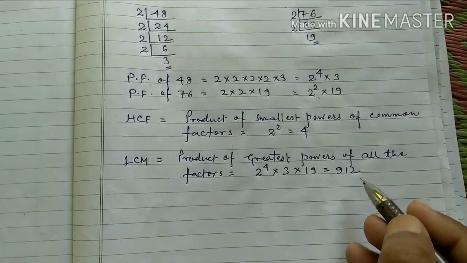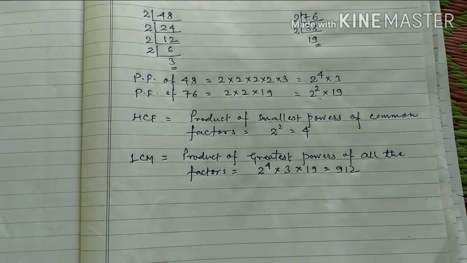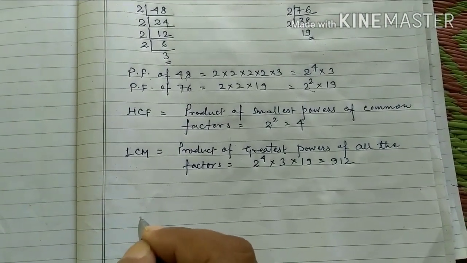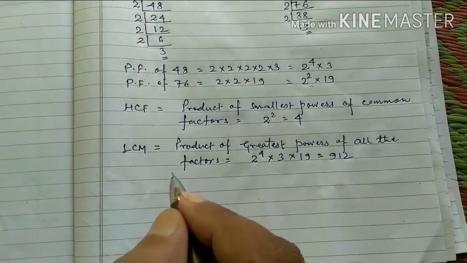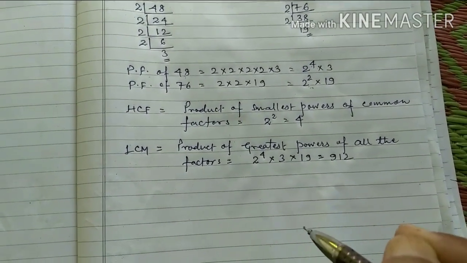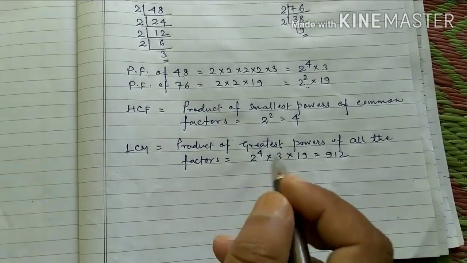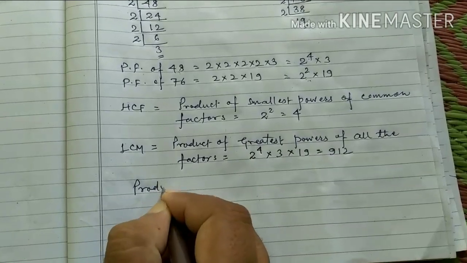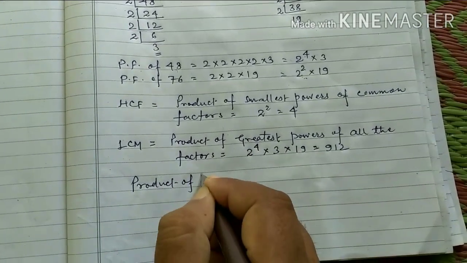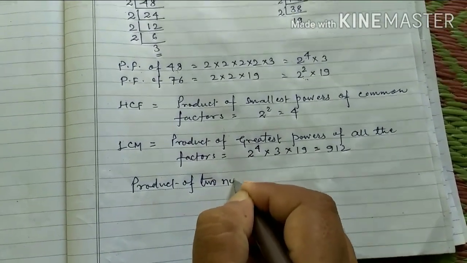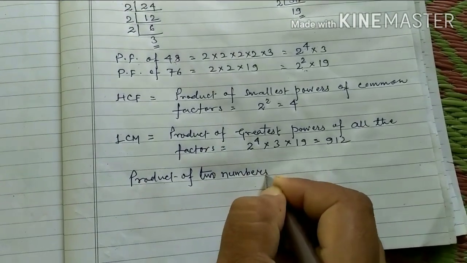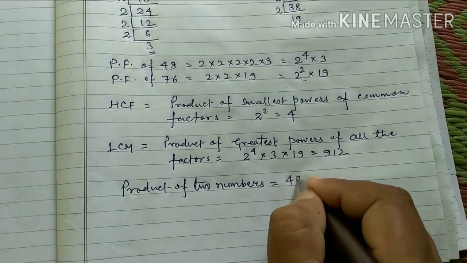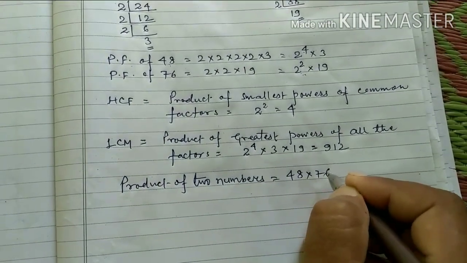Now, if we multiply the two numbers and we multiply the HCF and LCM of these two numbers, we will find an interesting result. See, the product of two numbers, these two numbers are 48 and 76.